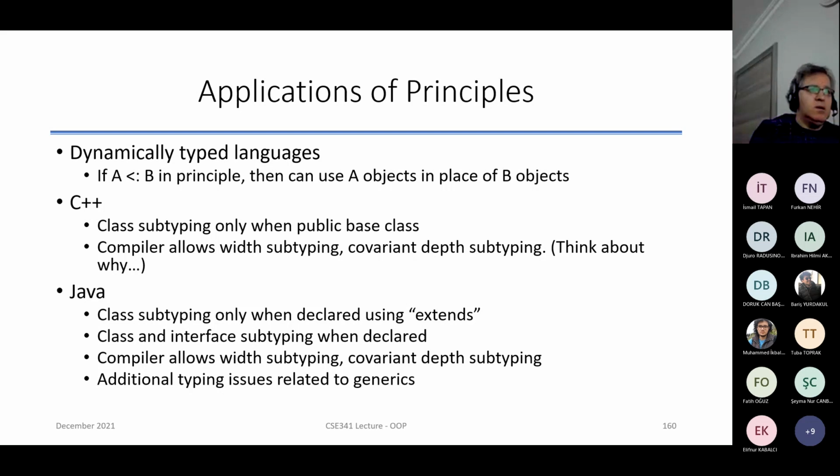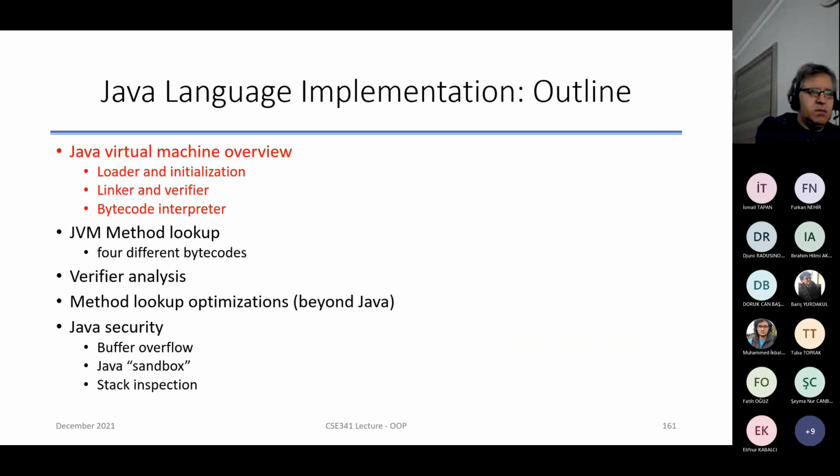In the case of Java, it allows this when you use extends, and it can also allow you to have covariant depth subtyping as well.